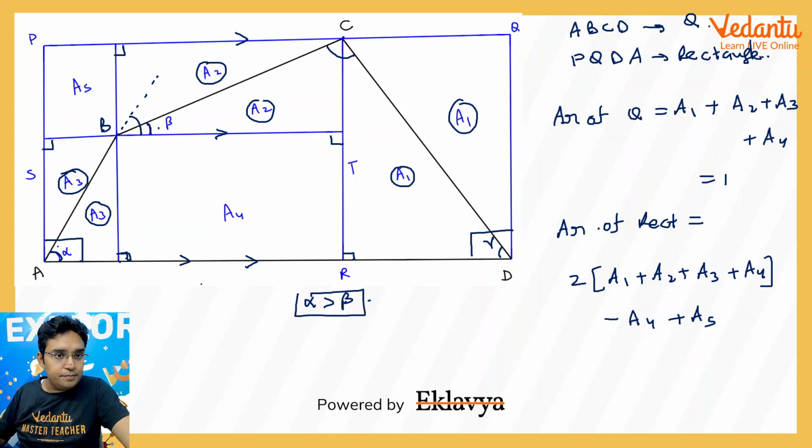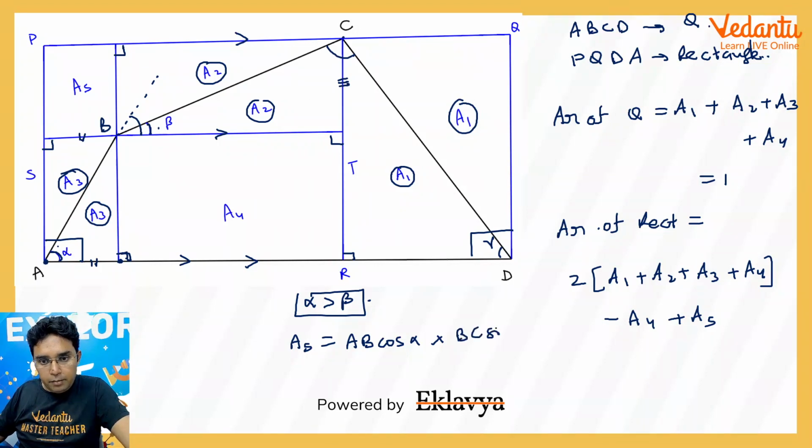Now please see. This A5 area is actually, you can see, length from this place to this place. I can call this as AB into cos alpha. This one side, A5, this is equal to this, so AB cos alpha into the other side is BC sine beta.